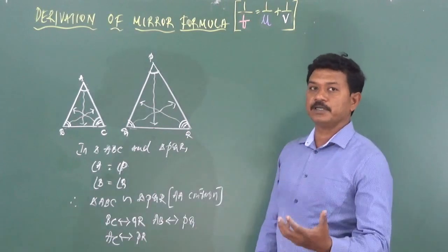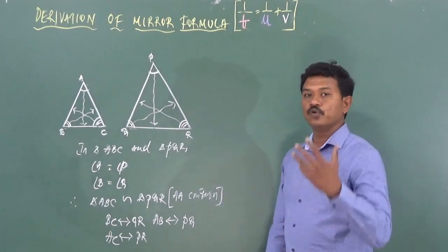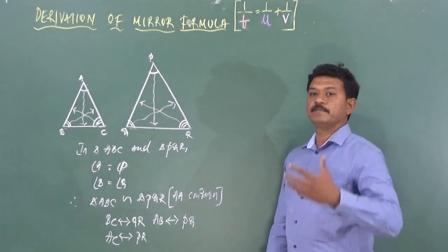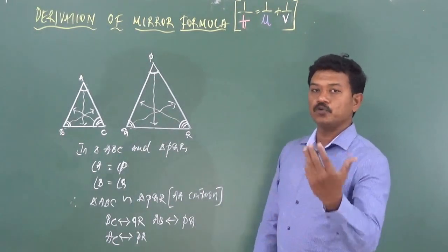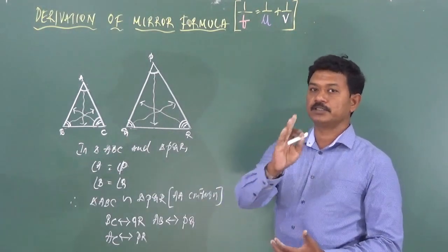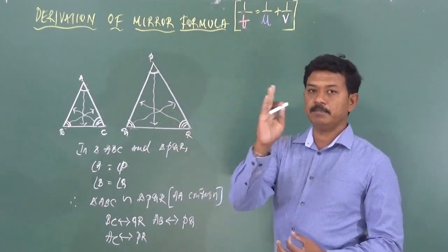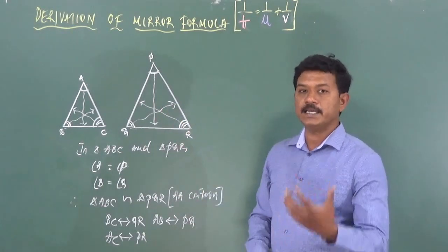When you take the ratios between the corresponding sides, those ratios will be equal. If A is to B is equal to C is to D, then A, B, C, D are in proportion.